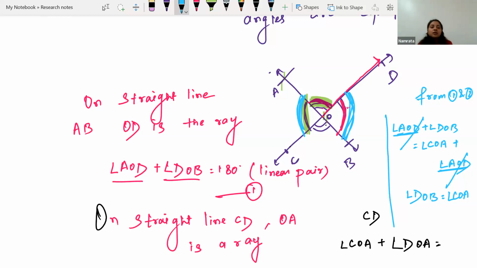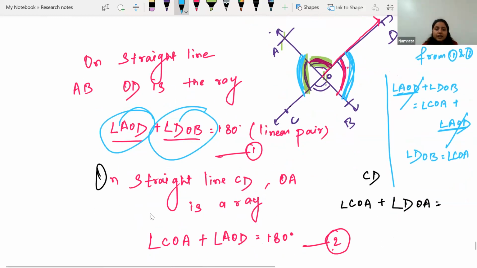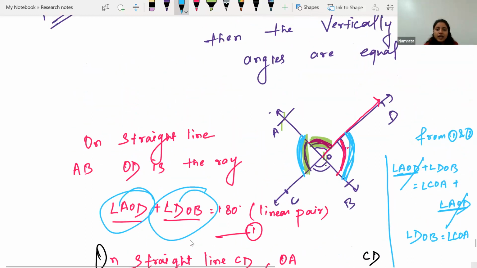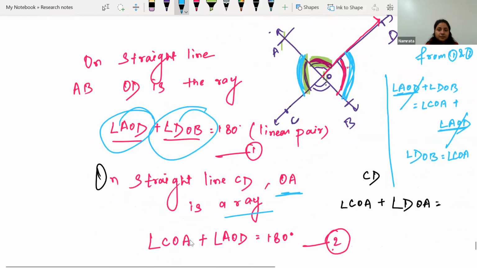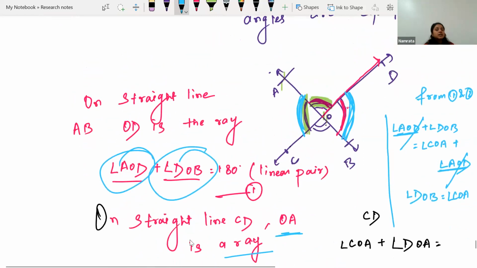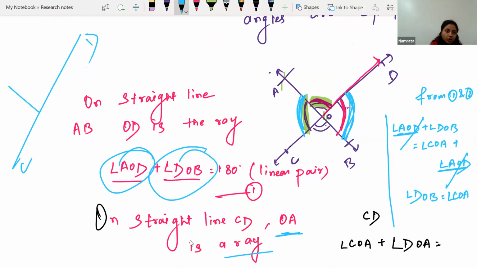So here we have AOD, here we have DOB. Now I have taken a straight line CD, and on CD I am taking OA as a ray. As you can see on the CD straight line, I have taken OA as a ray. Once I have taken OA as a ray on CD, I am again saying this angle and this angle sum is 180 degrees, again a linear pair.